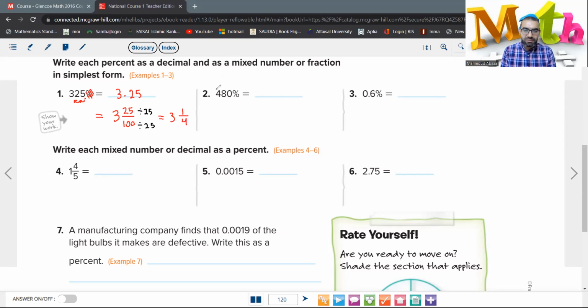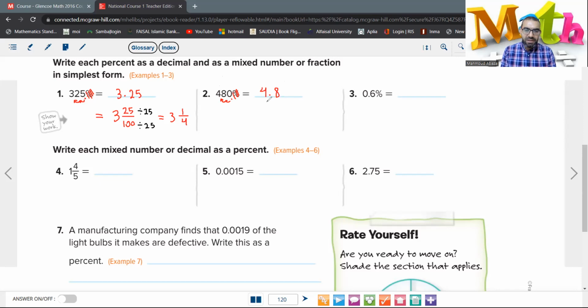Problem 2, 480%. Also, let's imagine that there is a decimal point here. Move it to the left two places to cancel the percent sign. So this will be 4.80. And you know that in decimal, 4.80 is the same as 4.8.